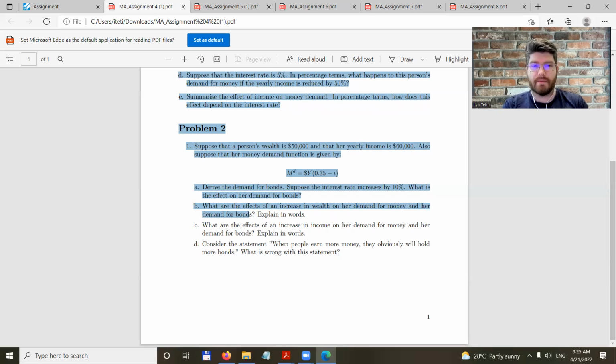Sometimes it is called the proxy for transactions demand. So once again, an increase in wealth increases bond demand, but has no effect on money demand. Money demand, just when income increases, money demand increases. That's it.